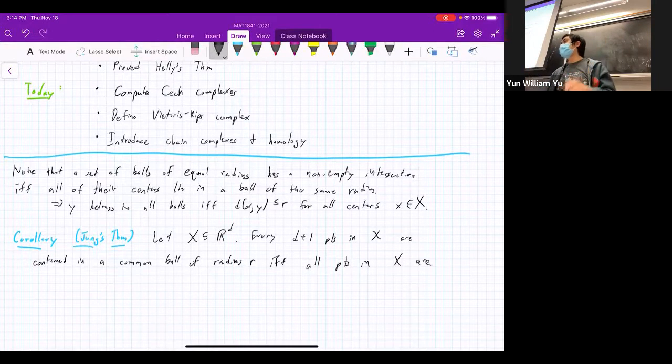So this is just a straightforward application of Helly's theorem, where instead of using arbitrary convex closed sets, we're using convex closed balls of the same radius.